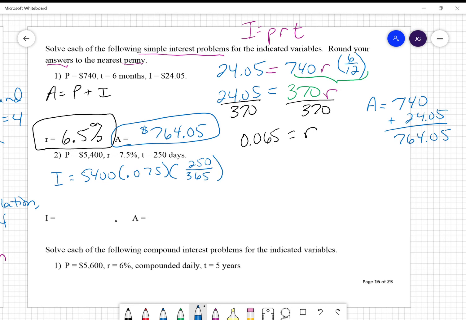Okay, keep in mind, time always has to be represented as years. So they gave it to me as days, so that's the fraction 250 out of 365. So interest is $277.40 when I round it.